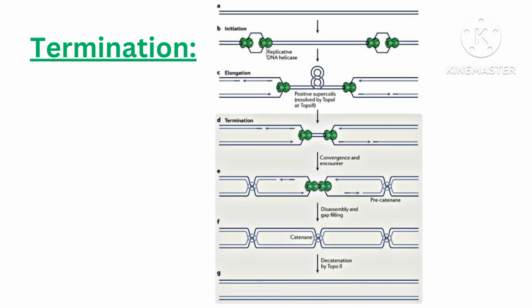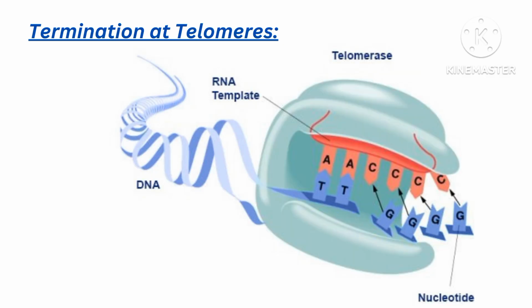After DNA synthesis is complete, the replication machinery, including the CMG helicase, CDC45, MCM complex, and GINS, is disassembled by the ubiquitin proteasome system. Now, termination at telomeres.